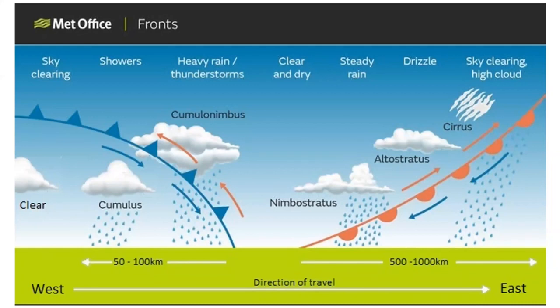And here we get the types of cloud associated with each of the fronts. So this is where we get our phrases: red sky at night, shepherd's delight, red sky in the morning, shepherd's warning.